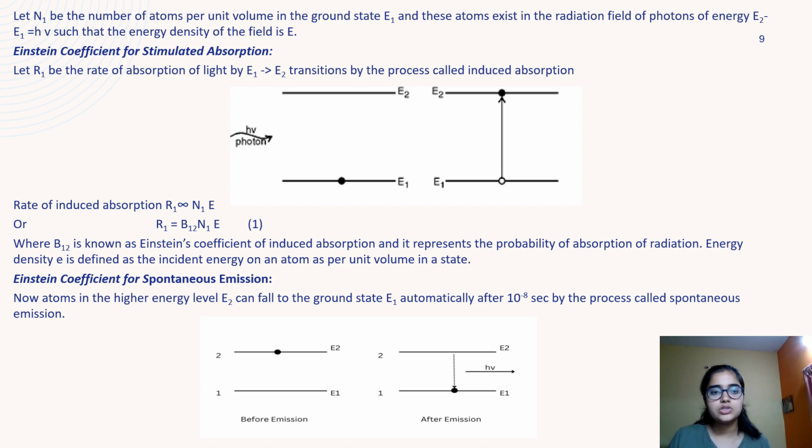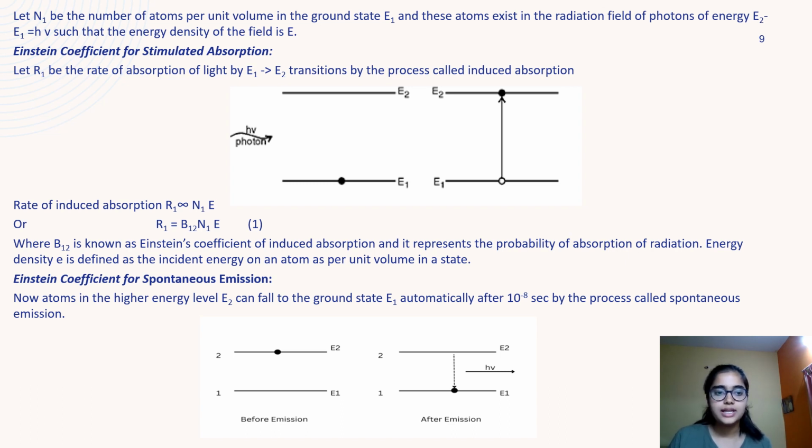The rate of induced absorption R1 is directly proportional to N1 E mu, or R1 is equal to B12 N1 E mu, where B12 is known as Einstein's coefficient of induced absorption, and it represents the probability of absorption of the radiation. Energy density E is defined as the incident energy of an atom per unit volume in a state.